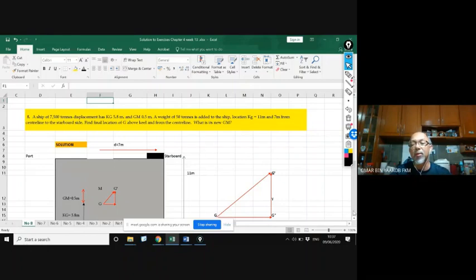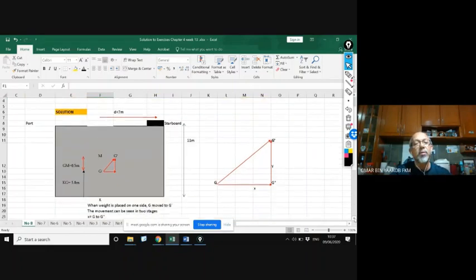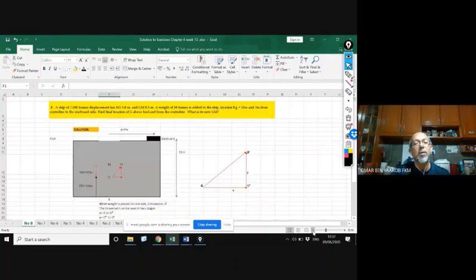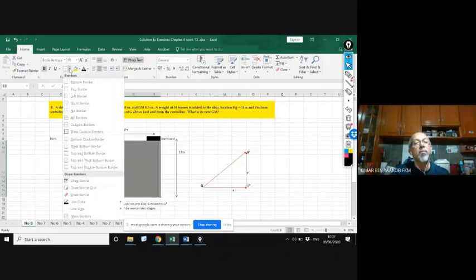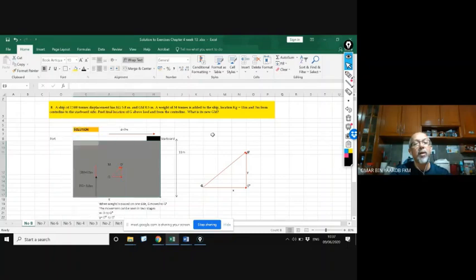So again, always sketch it out. Basically what's happening. If this is the shape, a weight of 50 tons. So this is starboard, this is port.